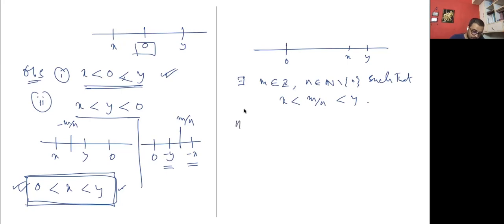So let's just try something. Let's fix n equal to 1 and see what can happen. So let's say this is the number 1, which is 1 by 1.